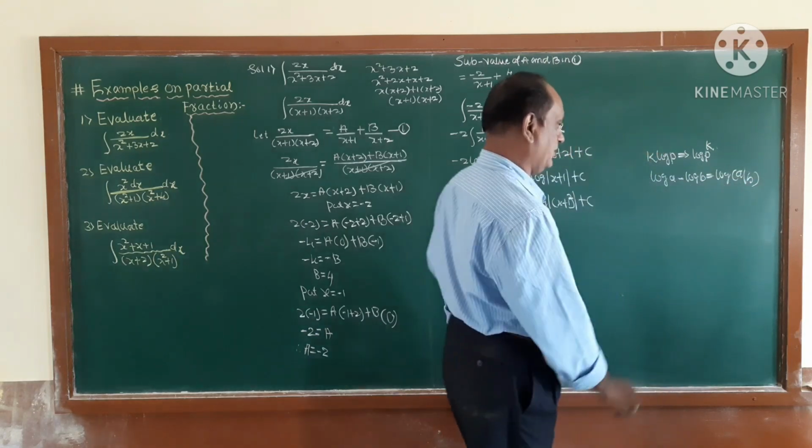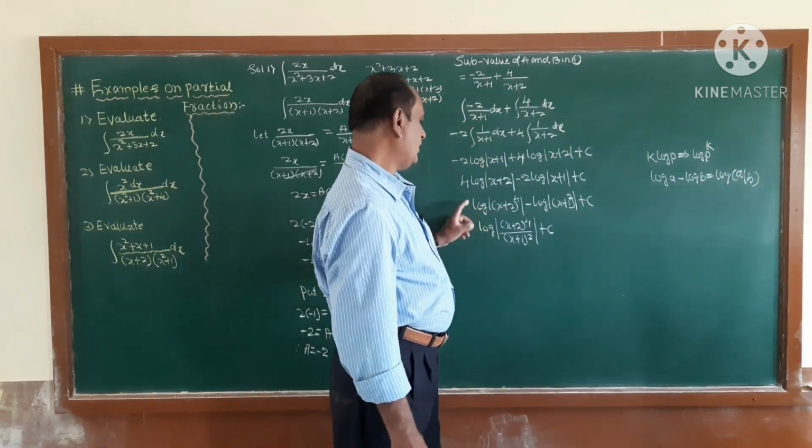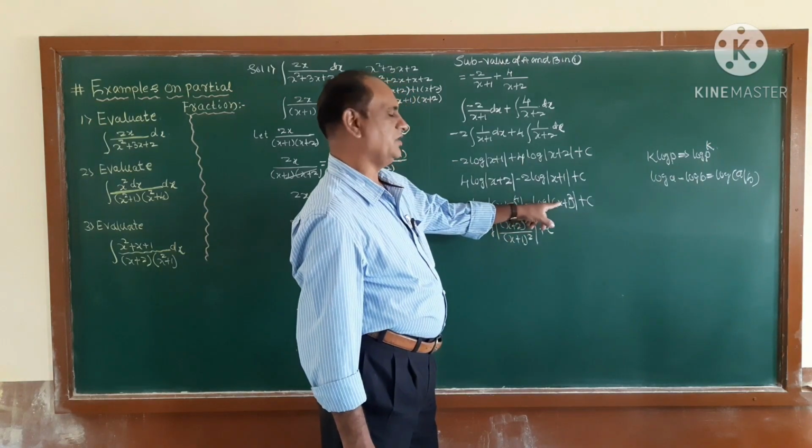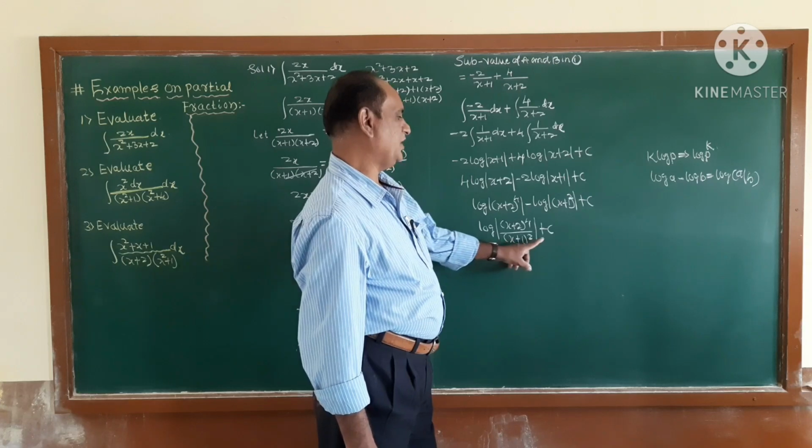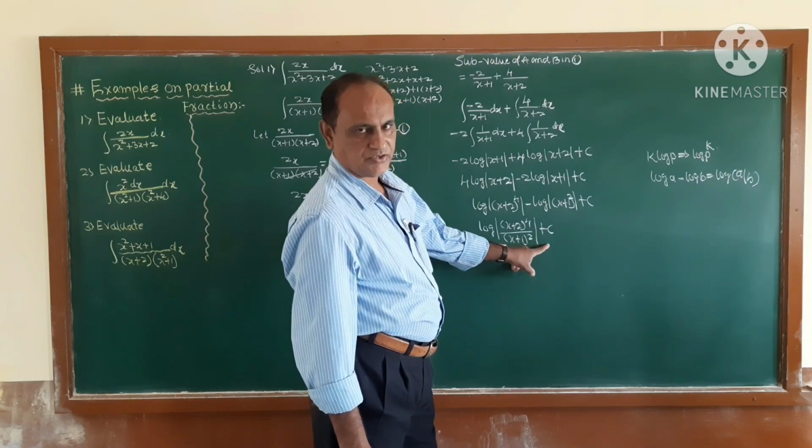By applying the same property, log a minus log b is nothing but log of a by b, plus integration constant C.